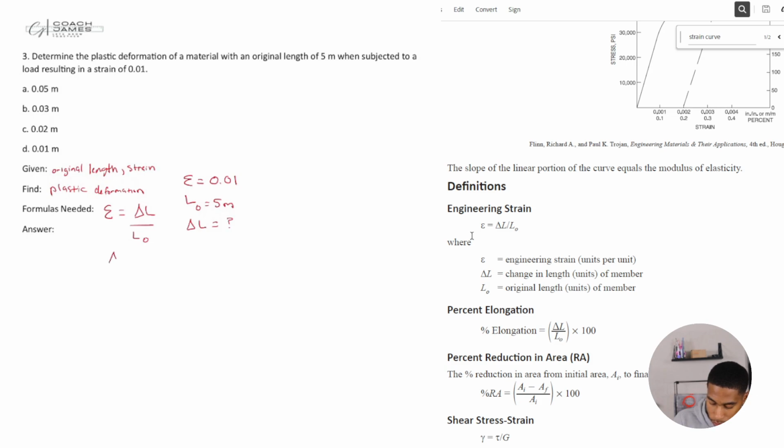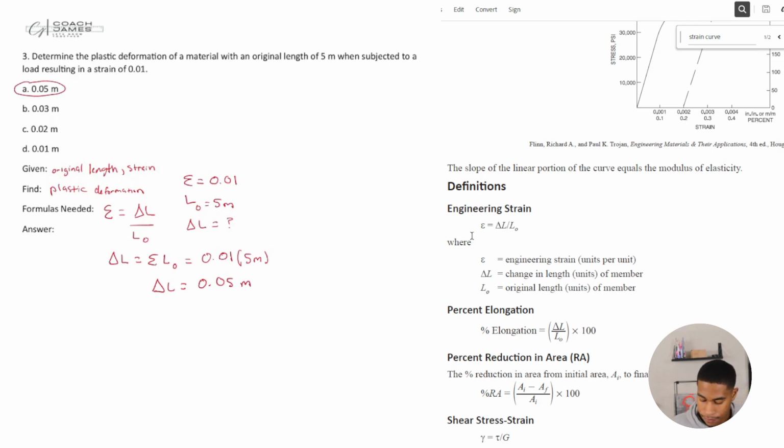So change in L is equal to E times L0, equal to 0.01, because that is our strain, times our L0, which is 5 meters. And so I get for my deformation or change in length equals 0.05 meters.